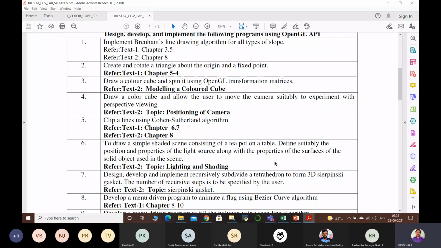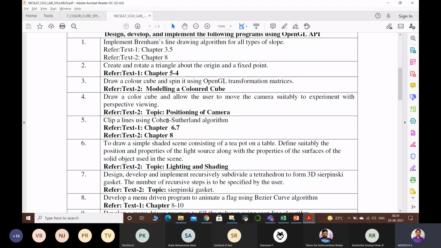As we discussed in Saturday's class regarding laboratory sessions, we have finished the third program: drawing a color cube and spinning it using OpenGL transformation matrices. We finished it by learning the concept of projection.